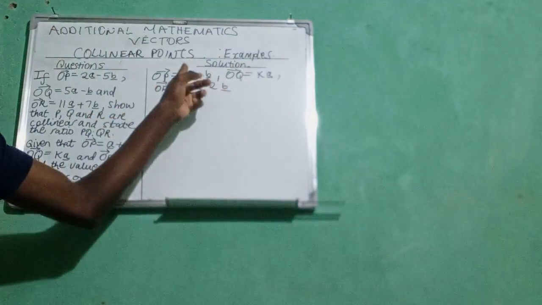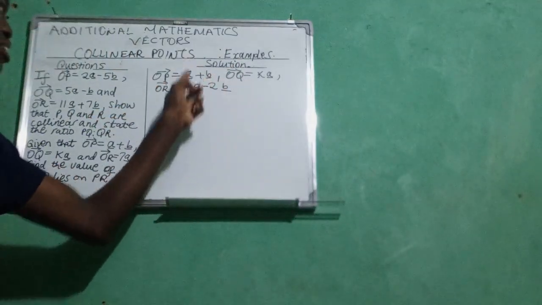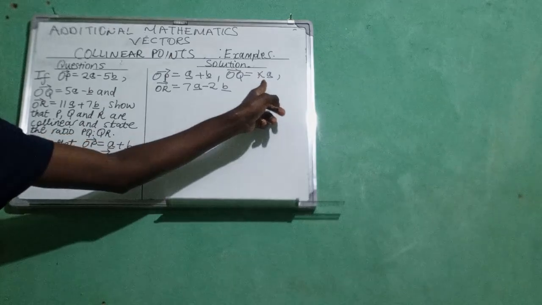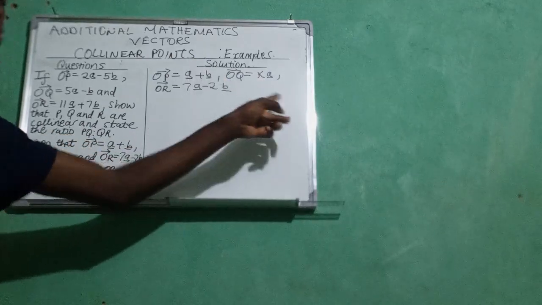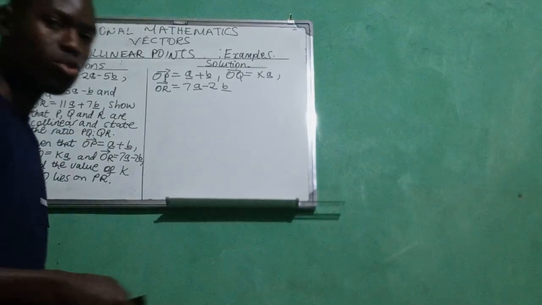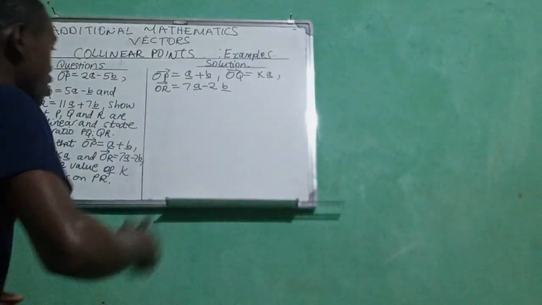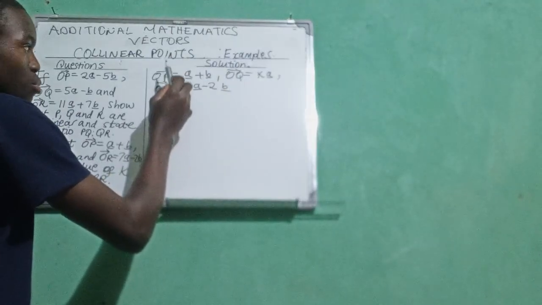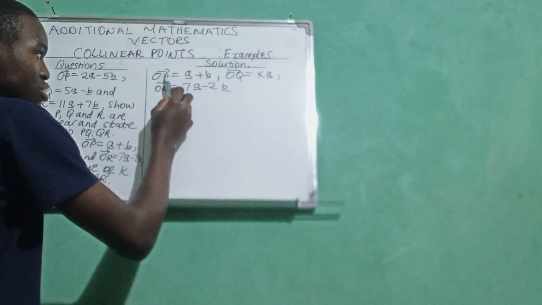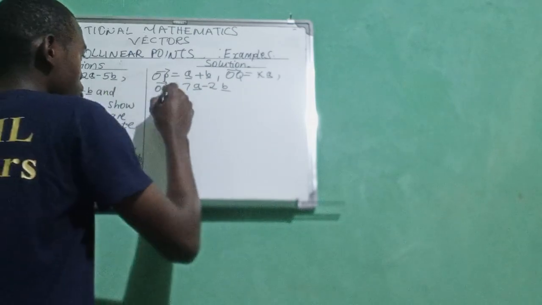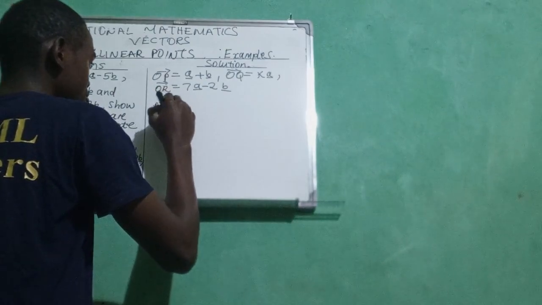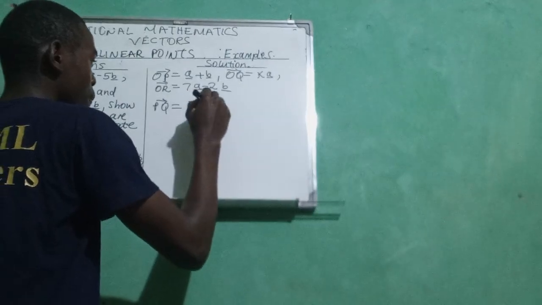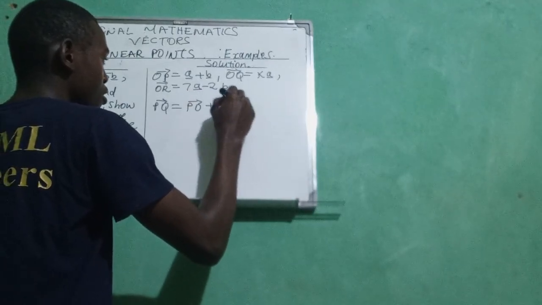So we can't use these because you can't use this and then compare with this here. This does not have K, so you cannot compare things without K. So let's do this. Let's get P and Q. Because it's a position vector, it means it starts from the origin. So OP is a point. We'll say PQ is equal to PO plus OQ.